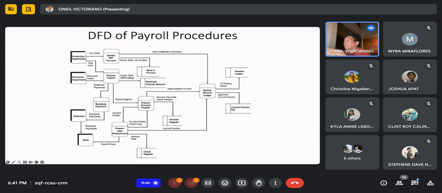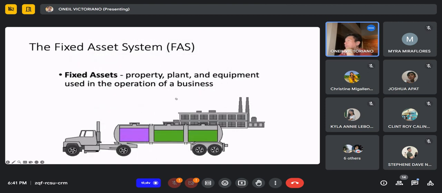It does distribute paychecks. It prepares disbursement over the paycheck, and then preparing accounts payable, because creating of payroll first would be creating of the register, and creating the register creates the AP, which is connected to the cash disbursement to be able to check on the different vouchers. So vouchers are part of audit trails to be able to equate all the transactions. And of course, doing JL or general ledger.